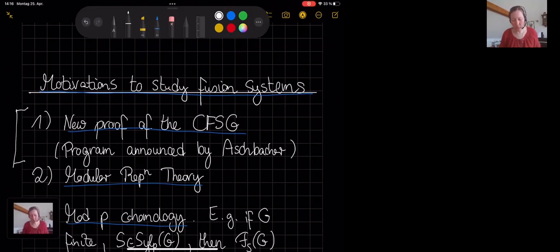What he does at the moment, and that's already completed to a huge extent, is only classifying certain simple 2-fusion systems and redoing a certain portion of the classification of finite simple groups. But one could hope to extend this to classify all simple 2-fusion systems, though it is a lot of work, of course. Then one would in particular get a proof of the conjecture that the Solomon fusion systems are the only simple exotic fusion systems at the prime 2, if it is true at all.